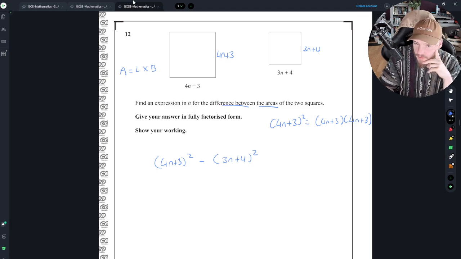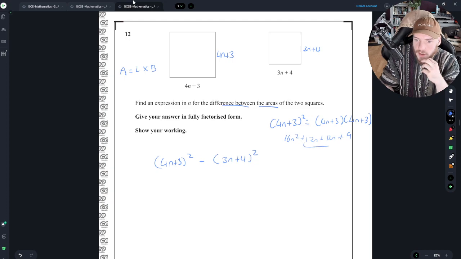I'll do the expansion of the brackets over here for our 4n plus 3. 4n multiplied by 4n gives us 16n squared. 4n by plus 3 is 12n. 3 multiplied by 4n, another plus 12n. 3 by 3 plus 9. So we'll have 16n squared plus 24n plus 9.